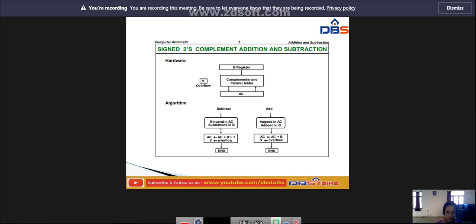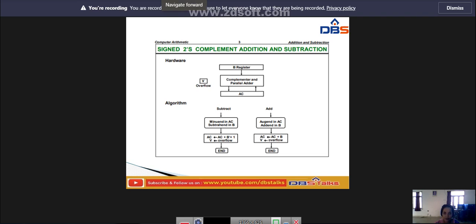What we are taking is AC gets AC plus B plus 1, AC plus the two's complement of B. If overflow occurs, the data will overflow, after that it will end. This is the same as this one, with additional operations. This is the subtraction, and this is the addition, if we provide the plus here. This is the addition algorithm.